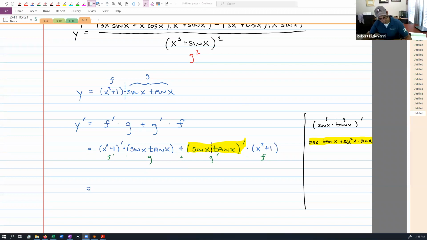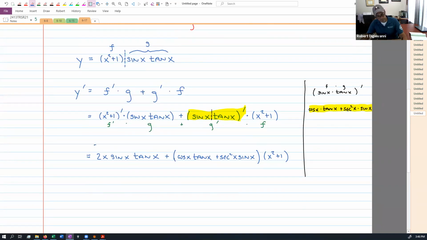I'm going to go 2x sine x tan x. That's just all of this. Take the derivative of x squared plus 1, which is 2x, then multiply times this. Plus, now all of this in yellow gets replaced with cosine x tangent x plus secant squared x sine x. But then all of that gets multiplied times x squared plus 1. And that would be it.